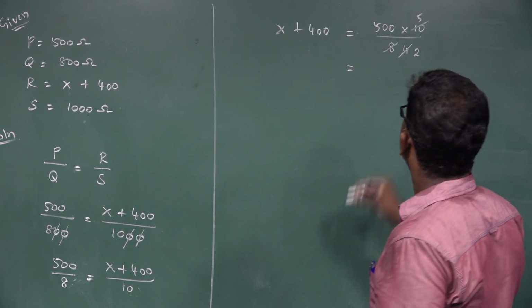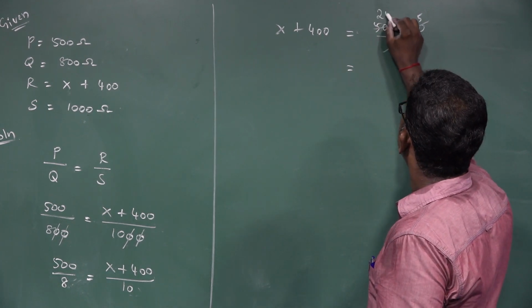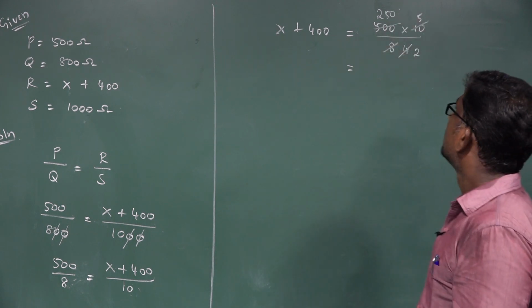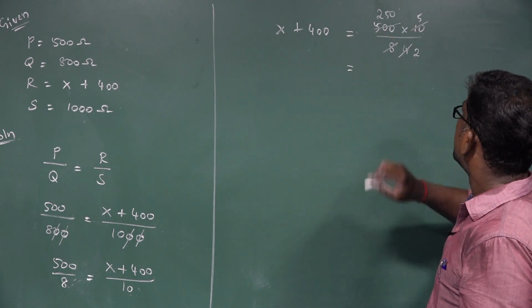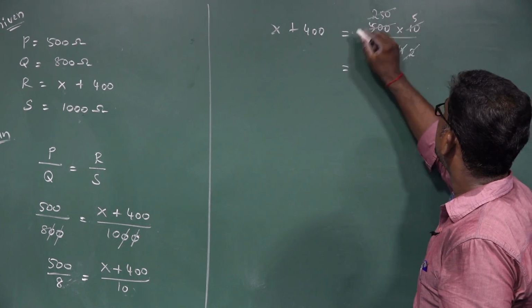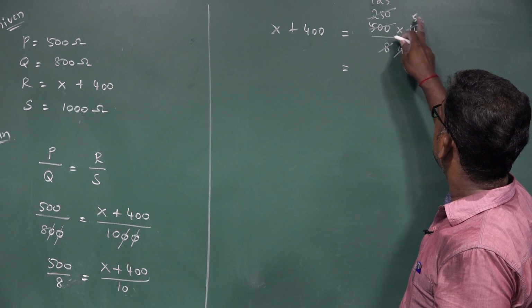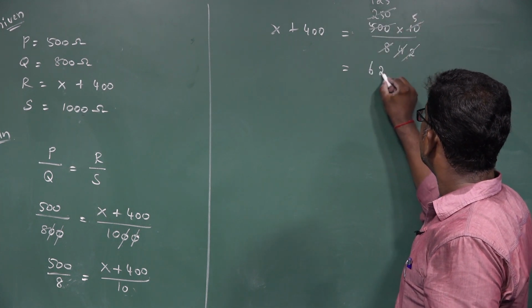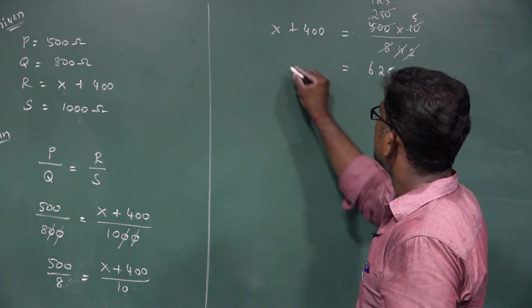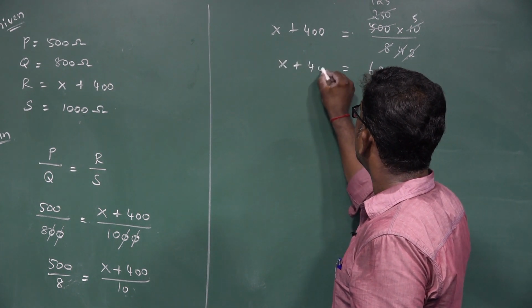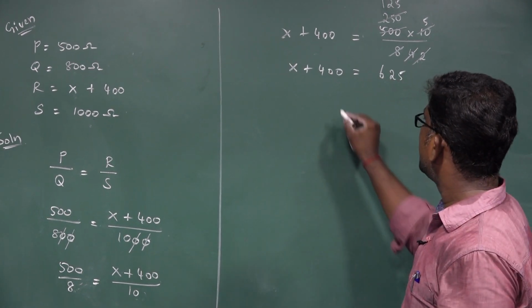Next, 2 2s are 4, 250 times of 2, 500. 250 cancel, 125. 125 into 5, 625. So X plus 400 is equal to 625.